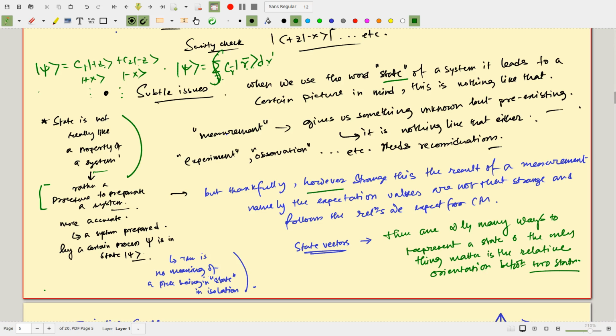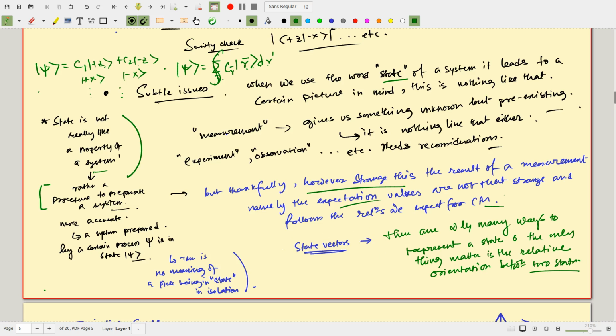So, however strange the state itself is, the result of a measurement, namely the expectation value, is not that strange; it follows the relations as we expect from classical mechanics. We have to ensure that, because classical mechanics is a very successful theory. Whenever you give a new theory, you have to make sure it is in sync with the theory you know.